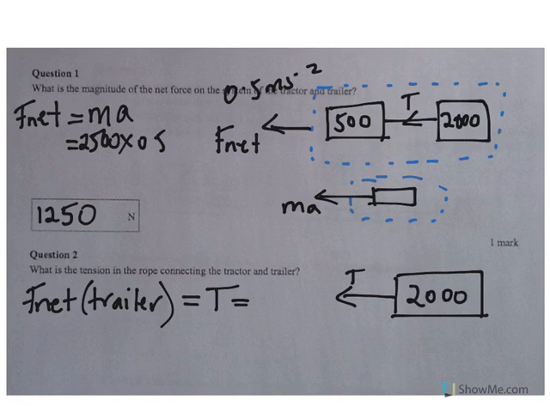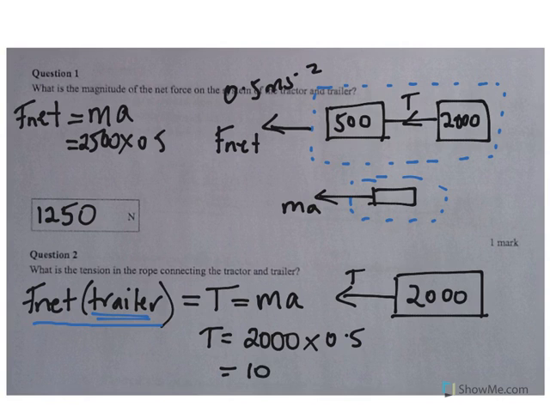And that, according to Newton's second law, is equal to ma. So the tension is the mass of the trailer, because here we're only interested in the net force on the trailer. The trailer is still accelerating at 0.5 meters per second squared, so the tension is 1,000 newtons.